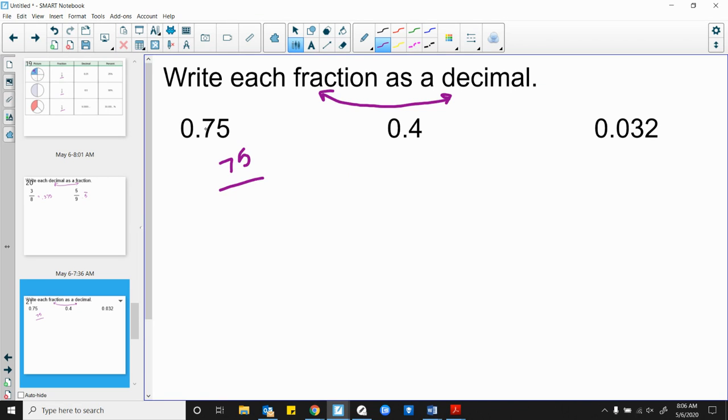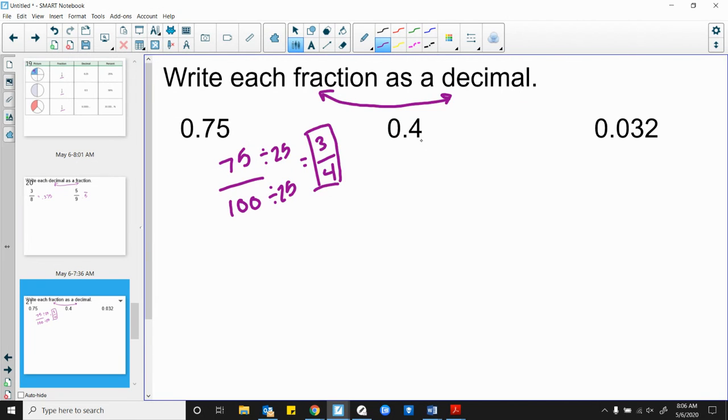Since this goes to the hundredths place, where this is the tenths place and this is the hundredths place, we want to divide by 100. Then we want to simplify, so we find the GCF of both of these. That should be familiar, we just did it. The GCF is 25 for both, so if I divide by 25 and by 25, I get 3/4 for my fraction.